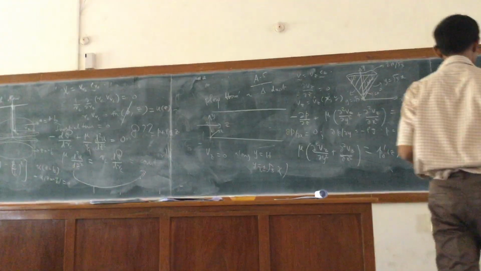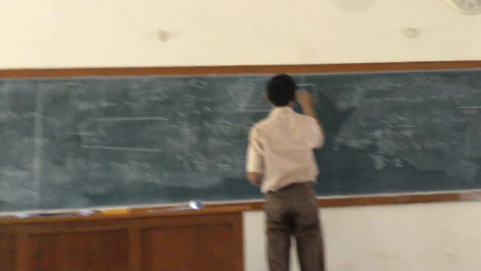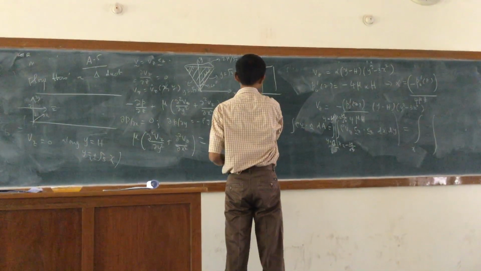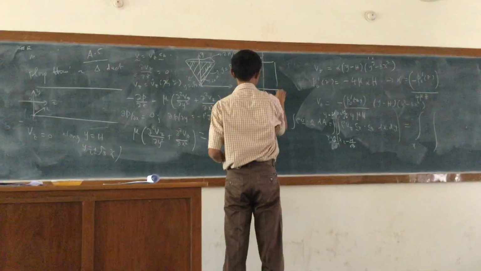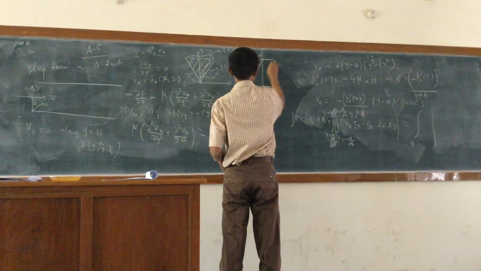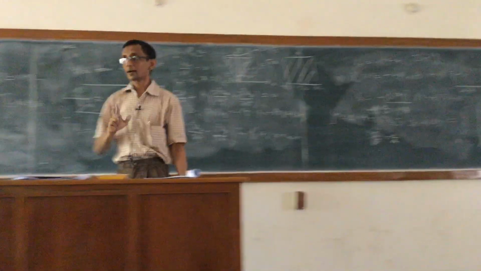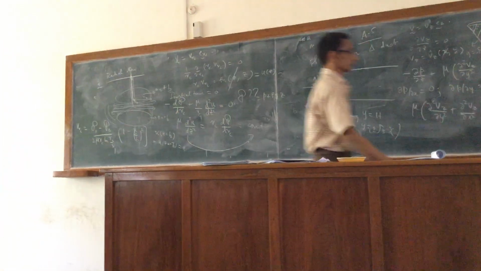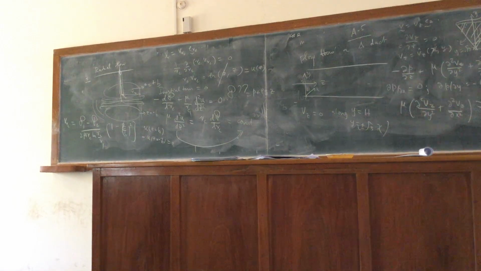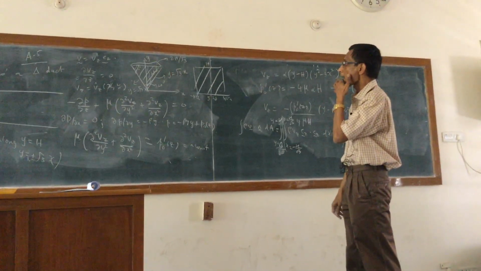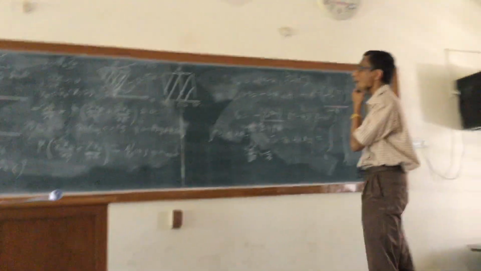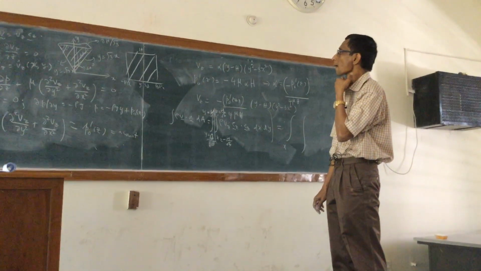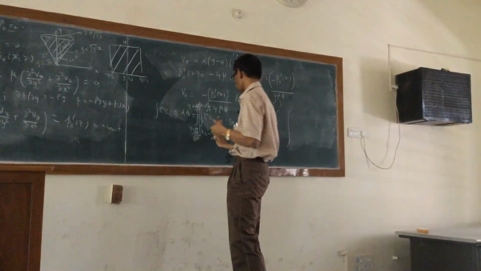What you have described is y equal to 0 to h and x equal to minus h by root 3 to h by root 3. It's a rectangle and not a triangle, right? So minus y by root 3 to y by root 3. Yeah, that might be correct.